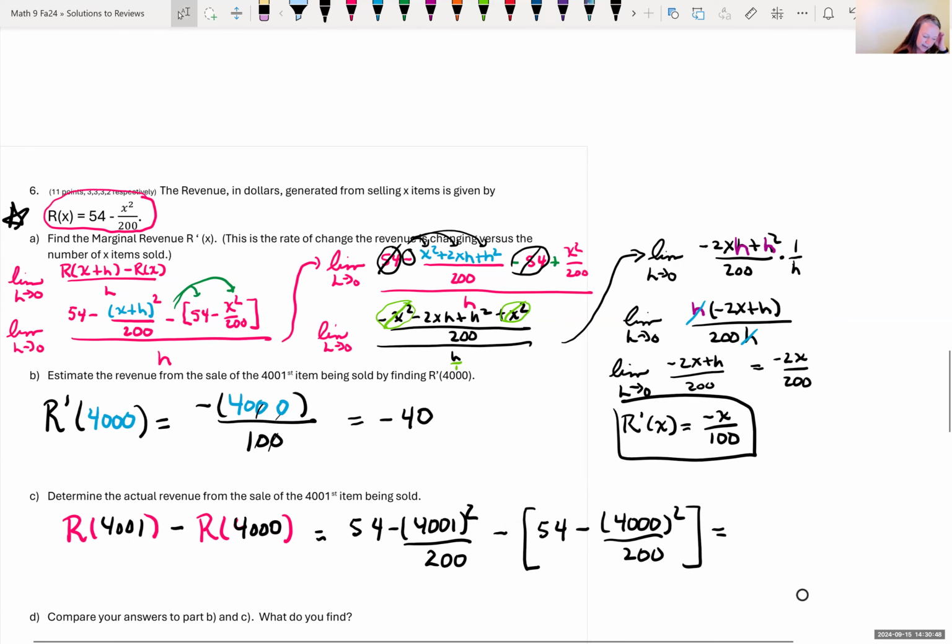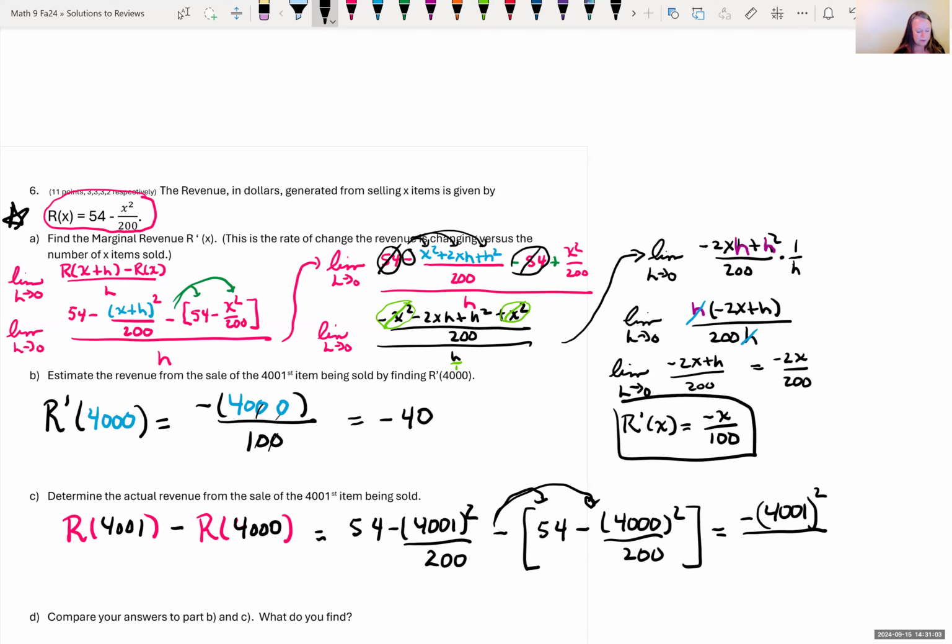So doing that, distributing my negative, I notice my 54s are going to cancel. And I really have negative 4,001. The negative is outside, so first square 4,001 and then multiply by that negative 1 all over 200, plus, because minus a negative is plus, 4,000 quantity squared over 200.